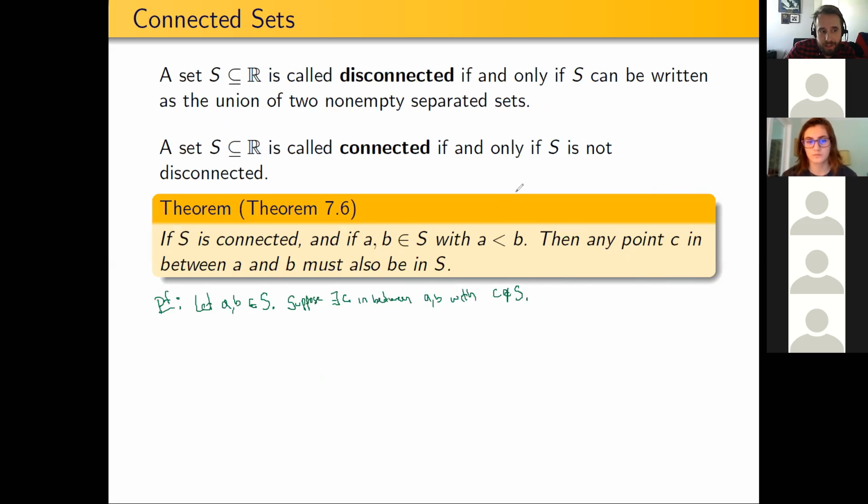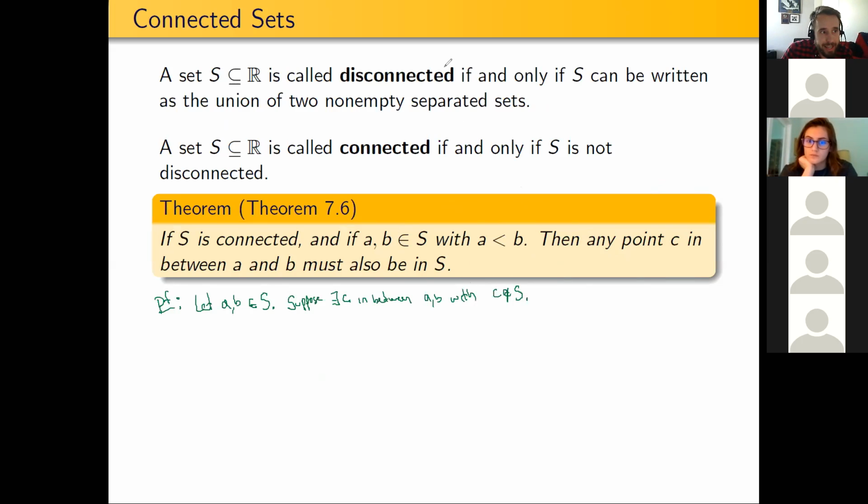Suppose that there is an element C that is not in S. We are going to turn around and show that S must be disconnected, and that will be our contradiction. Because then it cannot be both connected and disconnected at the same time.